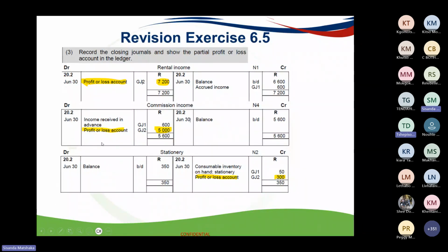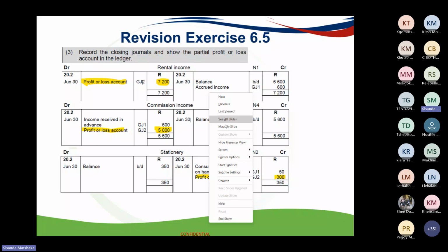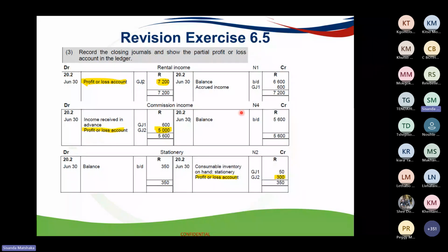All right, now going on to part 3. Part 3 asked us to now record the closing journals and show the profit or loss account in the ledger. This is the easier part of the question, because you've done all your hard work, where you've determined what your accrued rental income is.